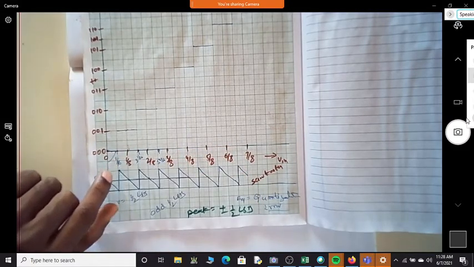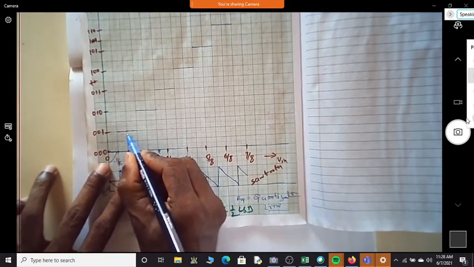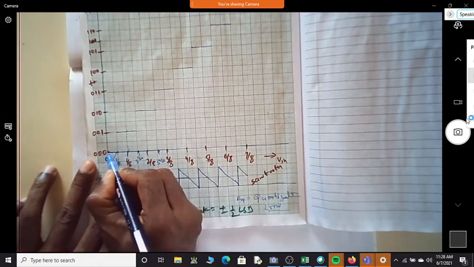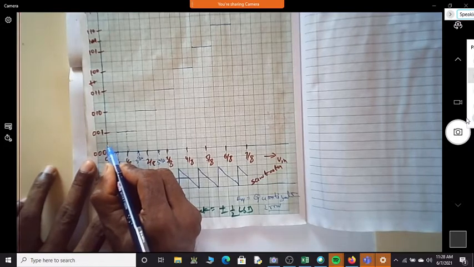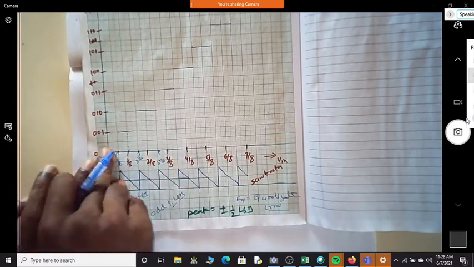If the transition happens here, then there is an offset error of half LSB. If the transition happens here, I'll say the offset error is minus half LSB.